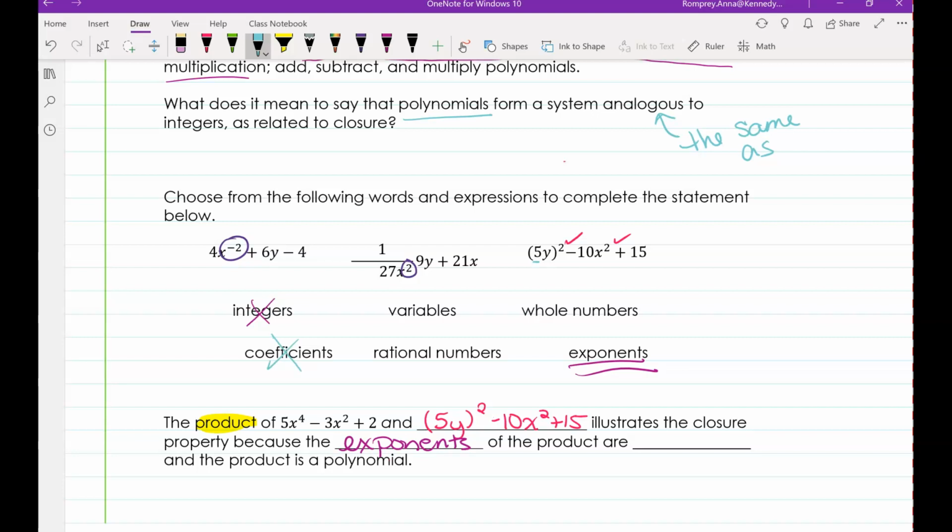Can the exponents be rational numbers? Rational is fractional. Are exponents allowed to be fractions? Not if they're a polynomial. Yes, we can have fraction exponents, it's just not classified as a polynomial exponent. Can I have exponents that are variables? No, because a variable can be anything. Positive, negative, fraction, all of that. So the exponents of the product are whole numbers.